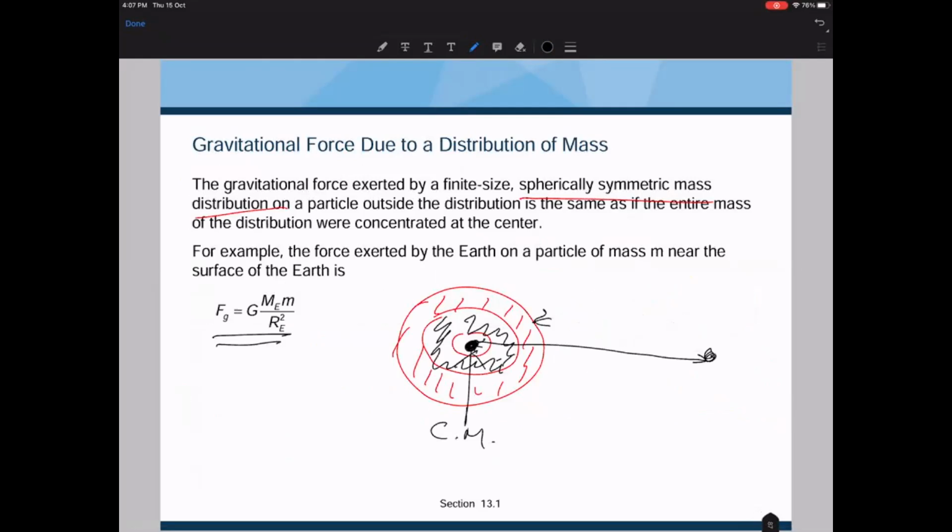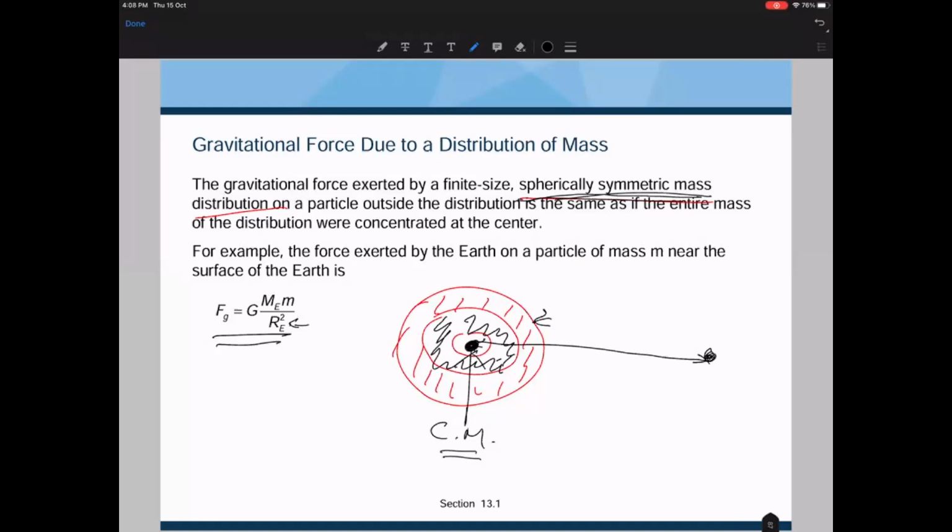As long as the mass distribution is symmetric in the form of a sphere, then you could assume all the mass to be focused at the center of mass. And Newton's law of universal gravitation takes the center of mass as the location of the mass, and uses it for calculating the distance.